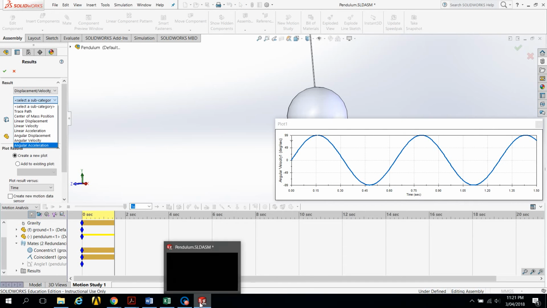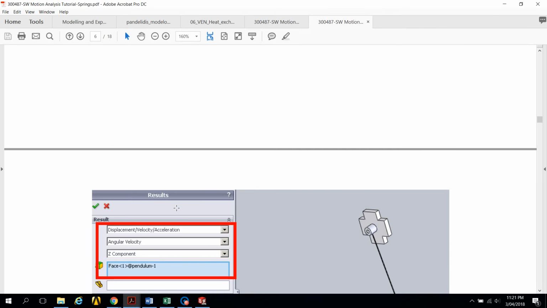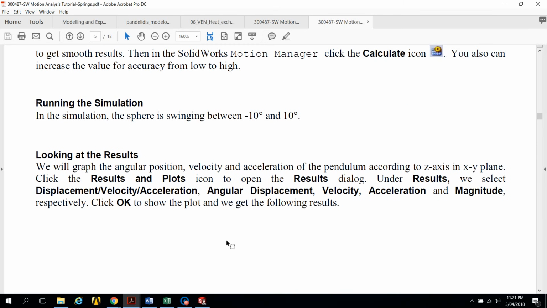Angular displacement, I think. Angular velocity, angular displacement, and angular acceleration.